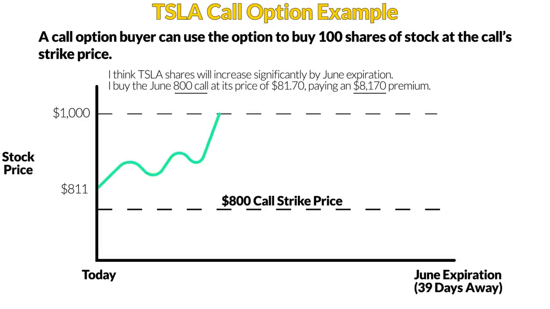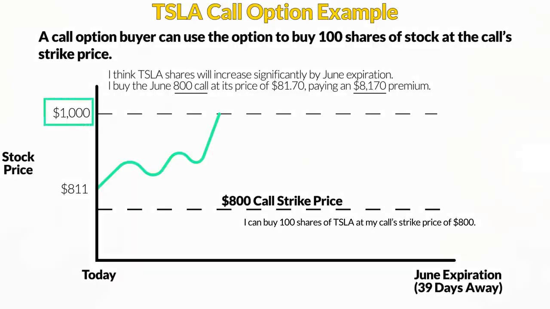Well, I have in my possession a financial contract called a call option that gives me the right to purchase 100 shares of Tesla stock at my call option's strike price of $800. But Tesla shares are currently trading for $1,000.